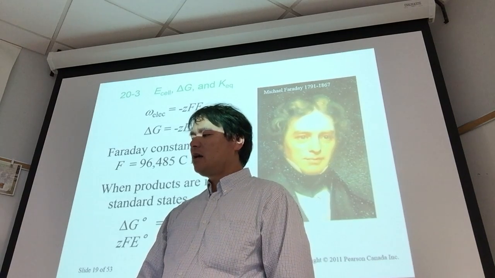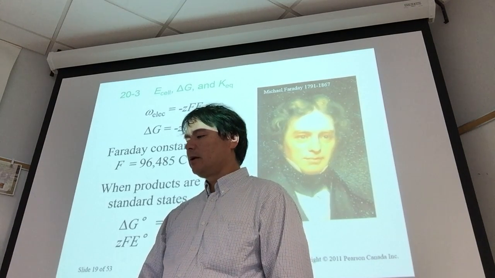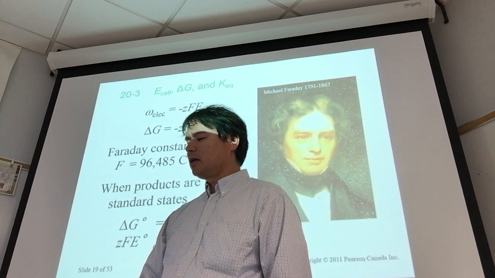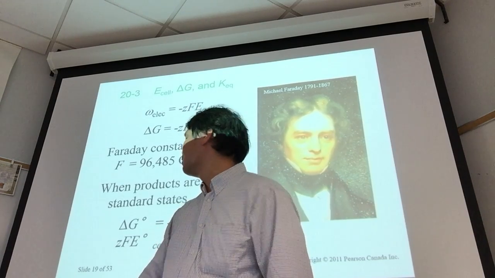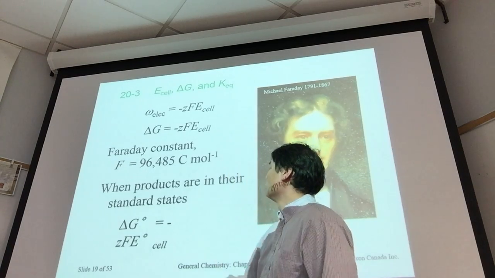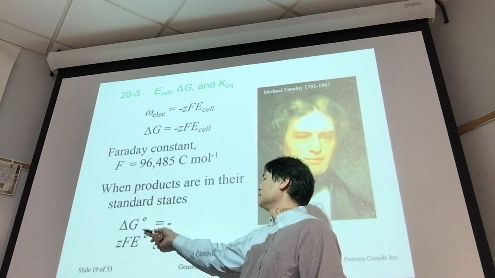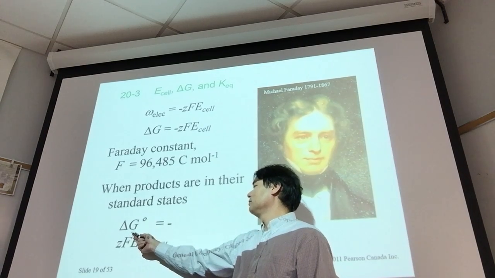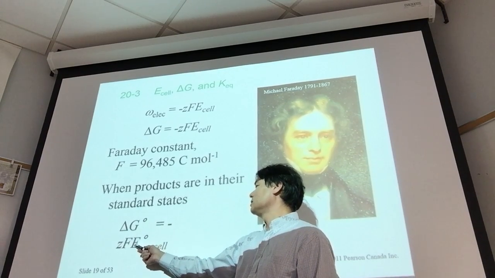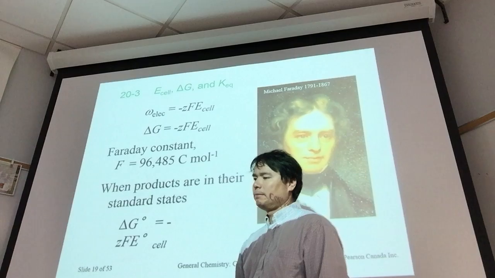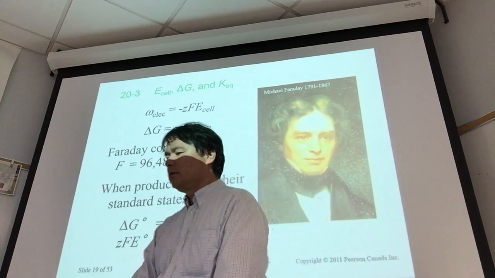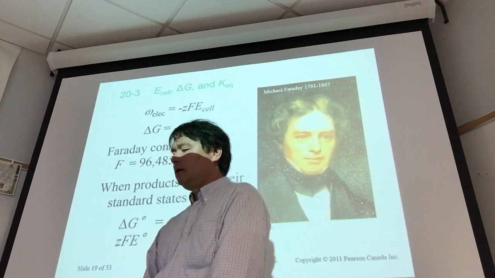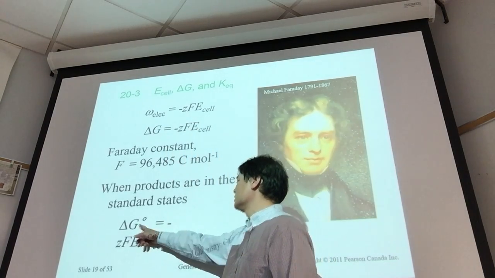Minus NFE is very common, but I don't know why Petrucci switched, because he used to use N too, and then suddenly switched to Z. When products are in their standard states, then it's of course standard conditions, so this would be the standard free energy change and this would be the standard cell potential. This equation we're going to use to relate E of the cell to delta G. So this is it here.